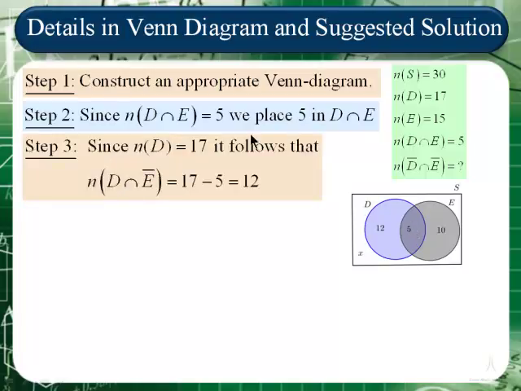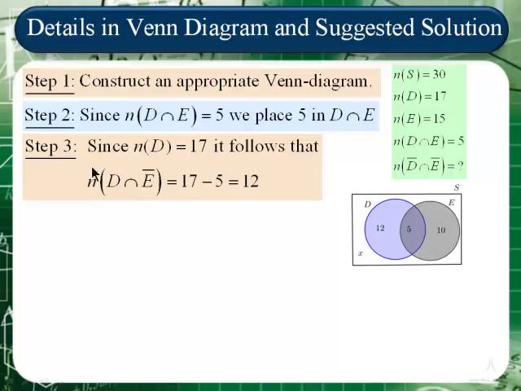Now furthermore, we know that the cardinal number of D, so the total number of learners saying that they appreciate discipline, was equal to 17. So therefore the cardinal number of D intersection E complement. Now what do we mean by this? It is inside D but outside E. Remember E complement? E complement is really everything outside E but inside the sample space.